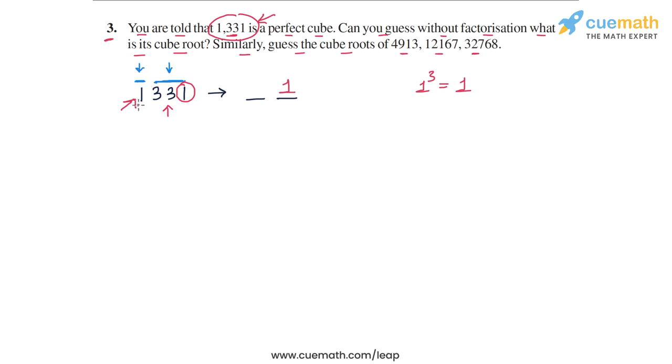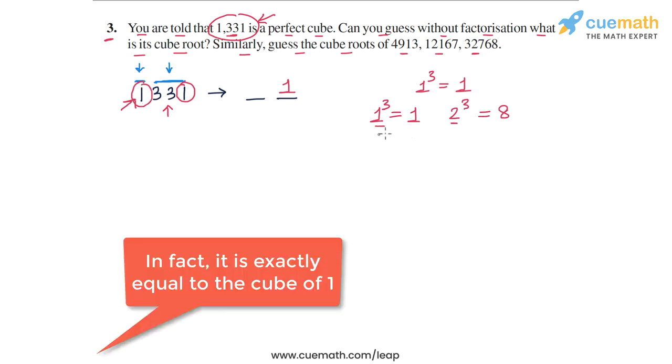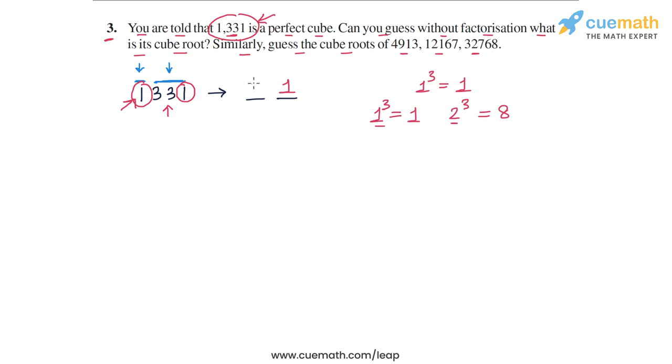Well, it lies between the cubes of 1 and 2, because 1 cube is equal to 1 and 2 cube is equal to 8, and the smaller of those numbers is 1, and so the tens digit will also be equal to 1. Therefore we have figured out the cube root of 1331 without any calculation. The cube root is 11. So this is how we can figure out the cube root without factorization.